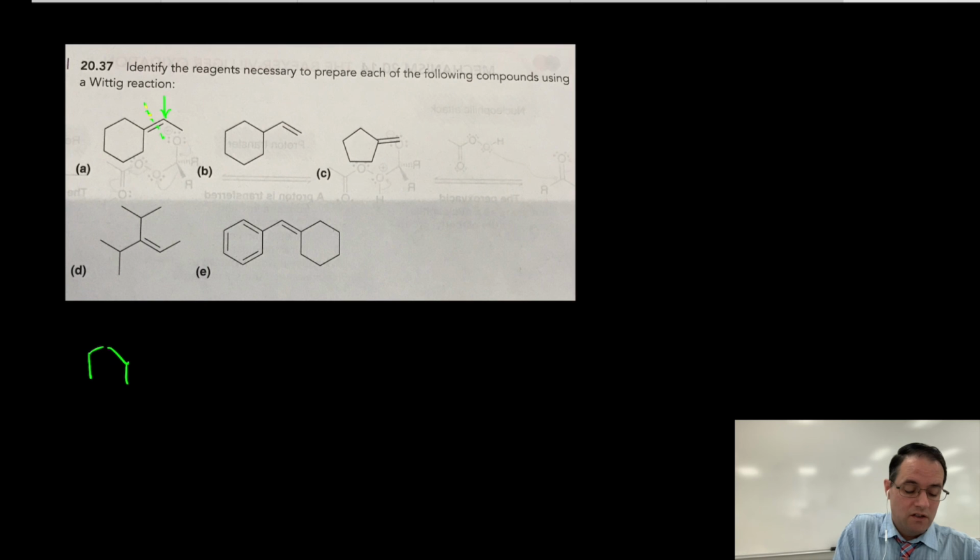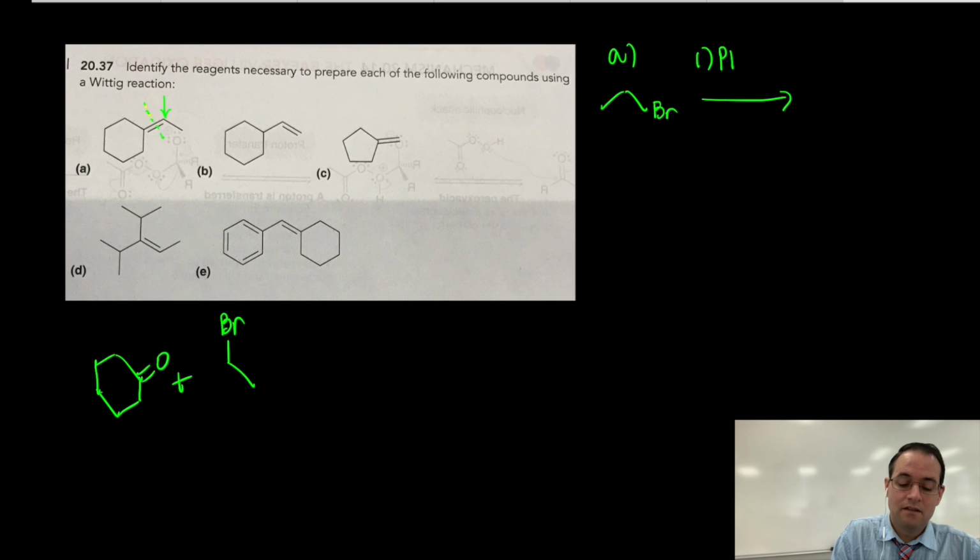So, for example, you could break it down like this. That's secondary, that's more sterically hindered. Or you could break it down like this. That's primary, that's less hindered, okay? So you want the less hindered primary alkyl halide, and the more substituted ketone, okay?